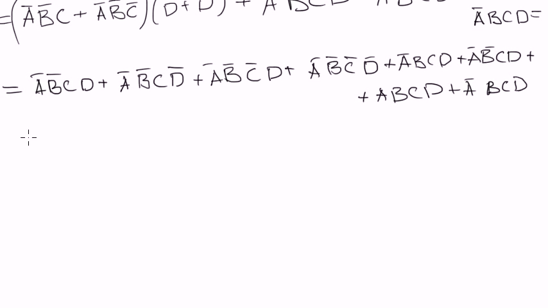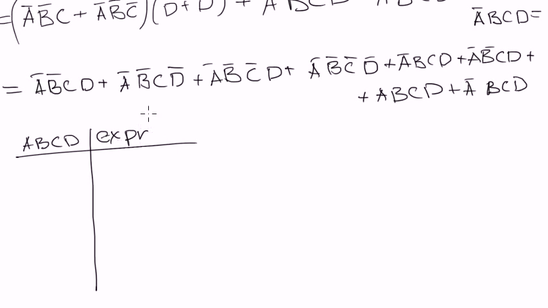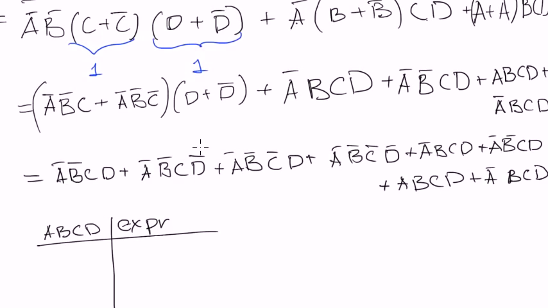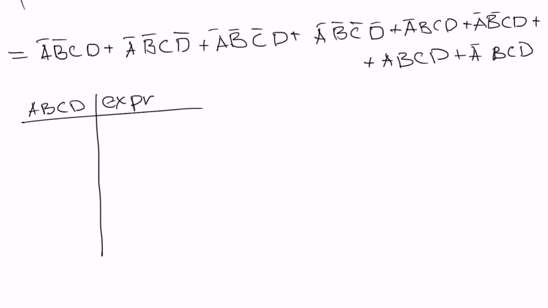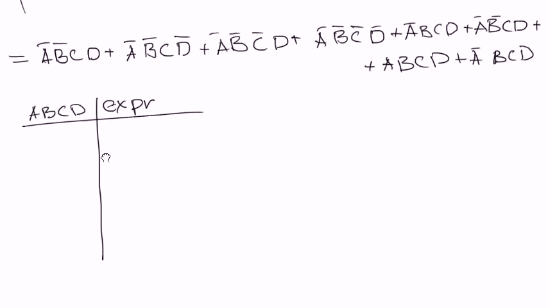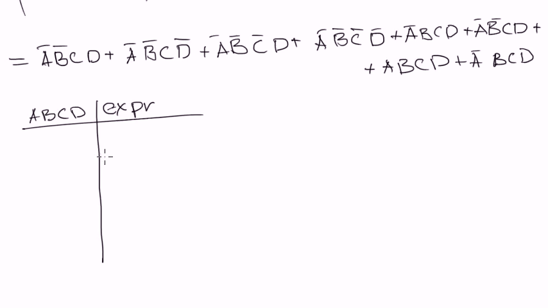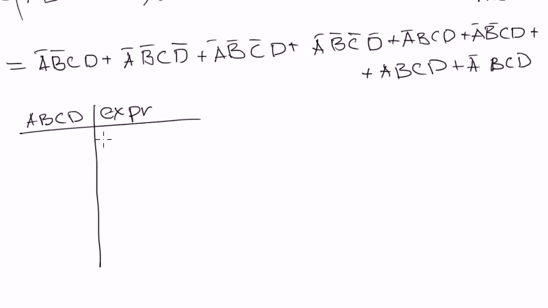So we have A, B, C, D, then our expression, I mean this one or the initial one, they are the same. And there are going to be lots of cases. But I suppose we can write down only the cases where the expression will equal 1.